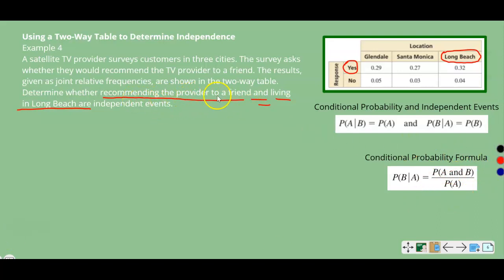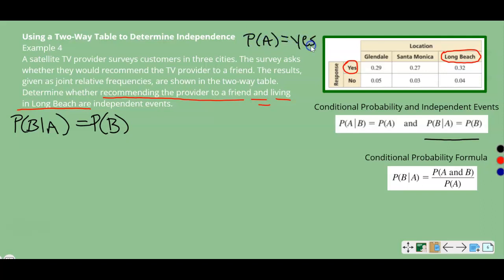All right, so let's say recommending the provider to a friend, that's a yes response. That's going to be our probability of event A. And then our event B would be living in Long Beach. So let's use this statement right here. We want the probability of B given A, and we want to know if that equals the probability of B. Let's say the probability of A is yeses, and the probability of B is Long Beach.